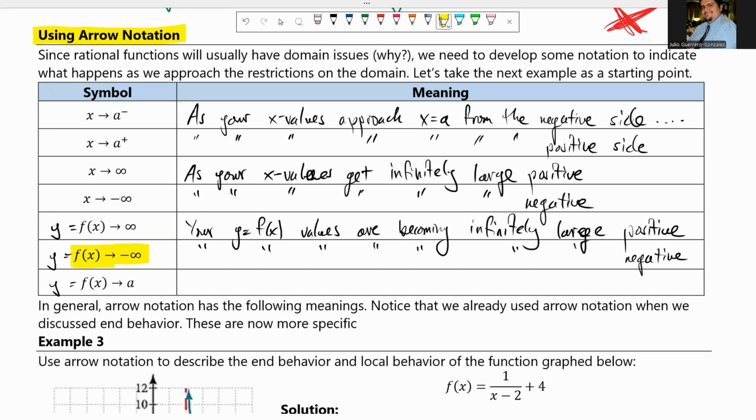And then the last one is saying that your f of x values, or your y values, are getting closer to a y value equal to a. Let me write it down now.